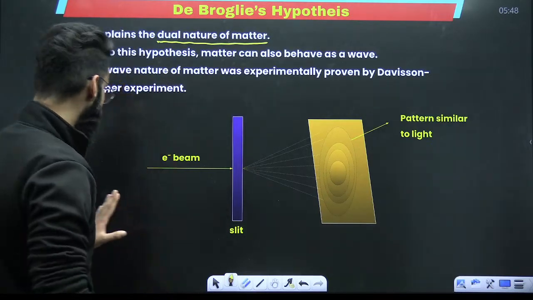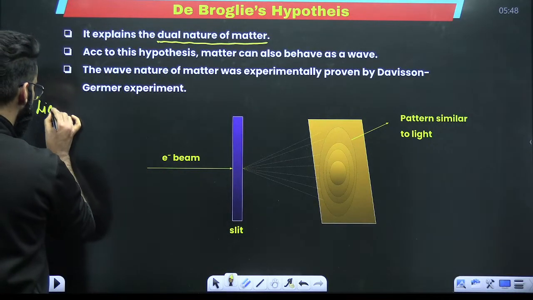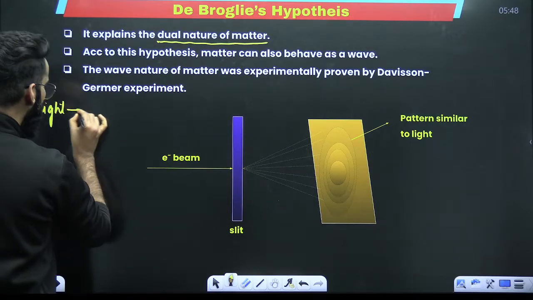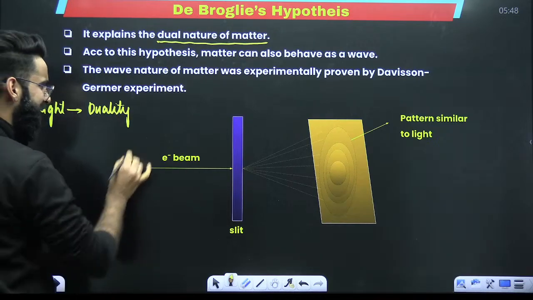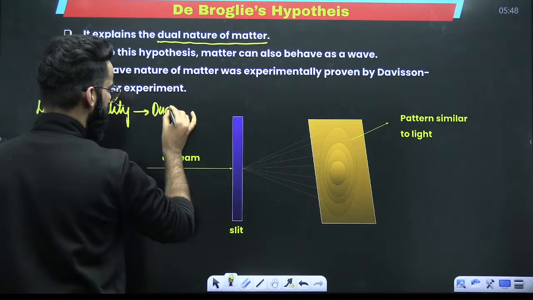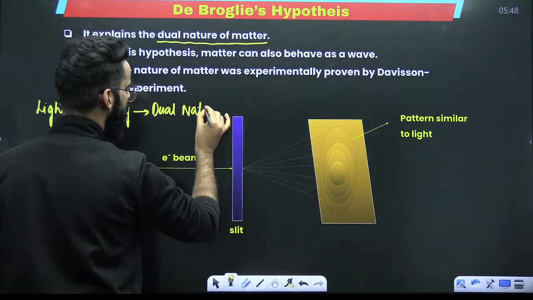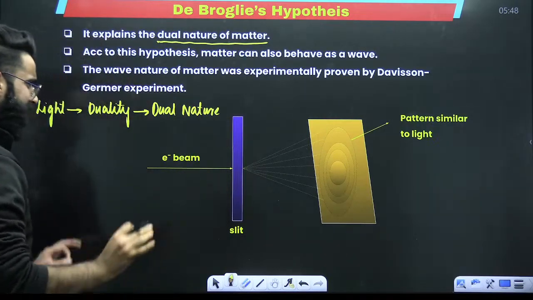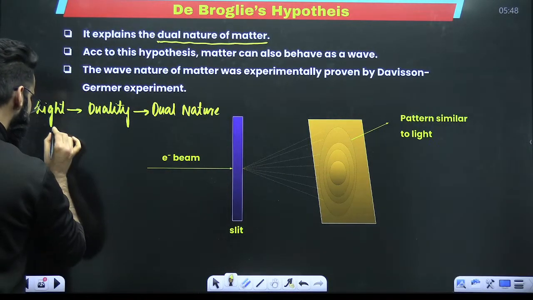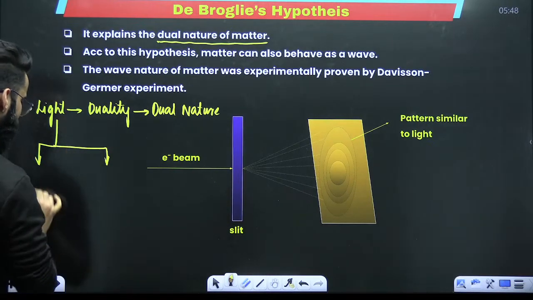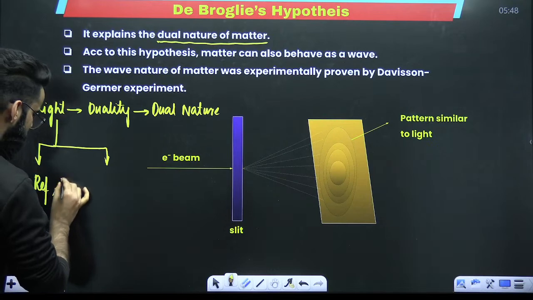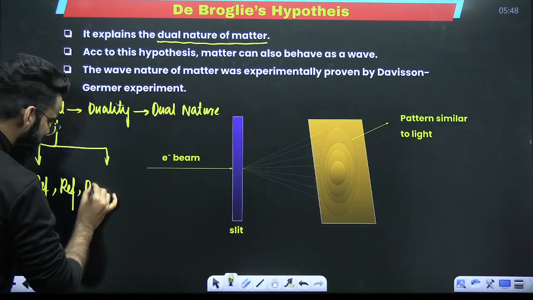See, first of all, if I talk about light, you already know light has got duality. Light has got dual nature. What is meant by that? Just to make you understand, light shows certain phenomena, for example reflection, refraction, diffraction.